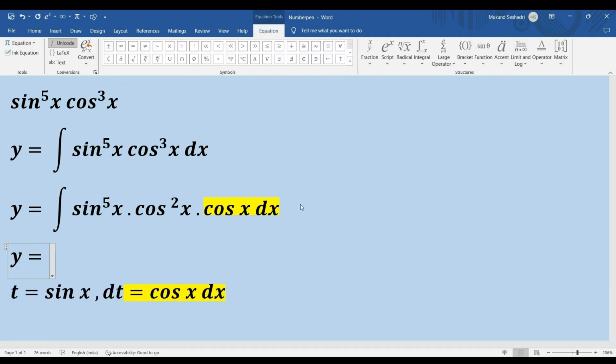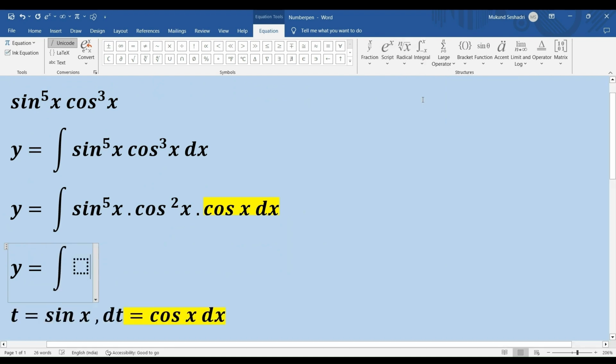I can rewrite my entire y using t, right? What's that? My sine of x is nothing but t. So my first term becomes t to the power 5, okay? And then I have a cos square. And I know that my cos square of x is nothing but 1 minus sine square x, right?